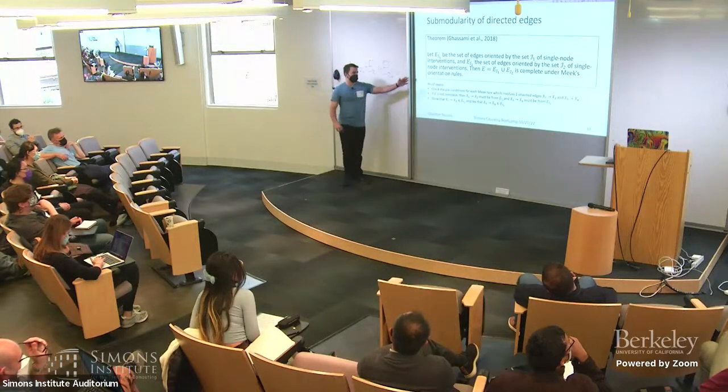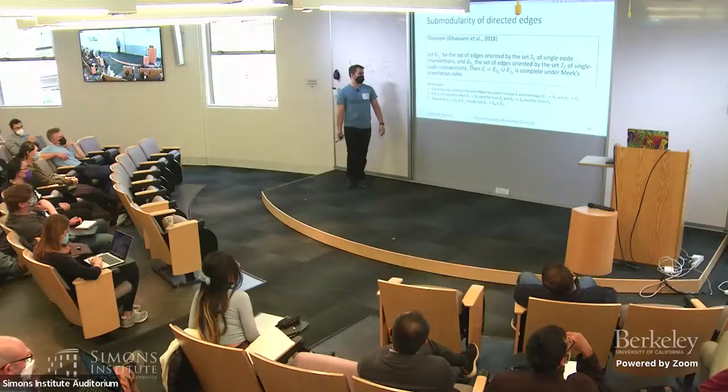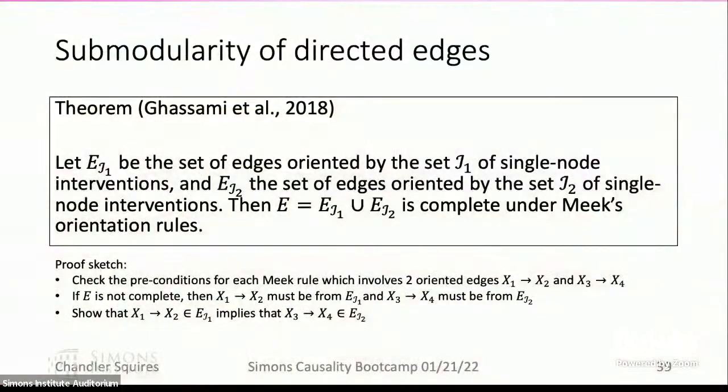Okay, so the sketch of how this proof works is the first thing that we think about doing is we check the preconditions for invoking any of the meek rules that involve more than 2 edges. Because how would we get more edges from meek rules than we had in one of these original sets? If it only involves one orientation, then whichever set that orientation was in is sufficient to invoke that meek rule.